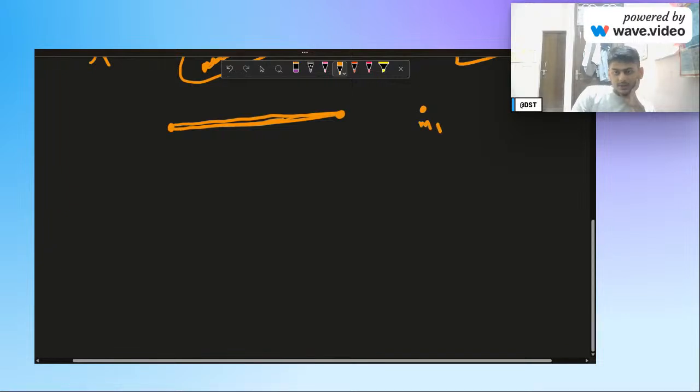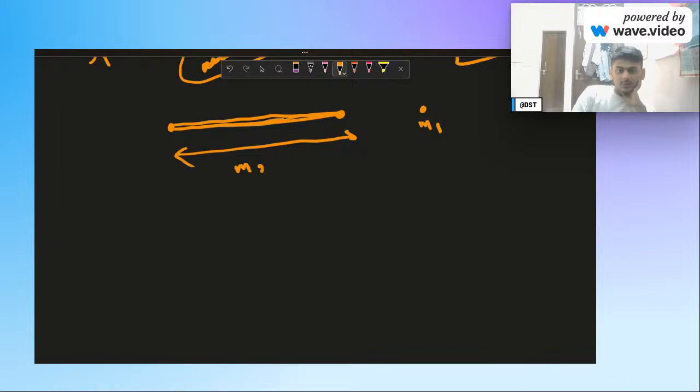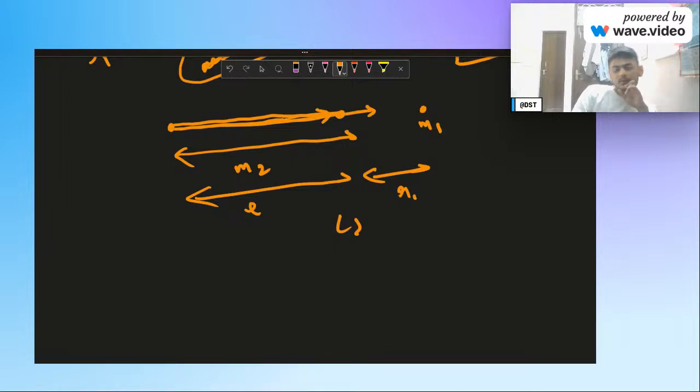Any other mass m1 is there, and let's say the mass of this rod is m2 and the length of this rod is L. The distance between m1 and the rod is R. All the forces will act in this direction, so we just do scalar addition, and it will automatically give the correct value.